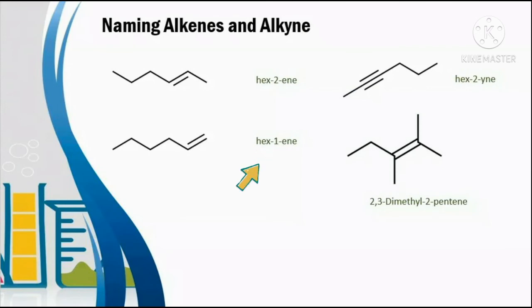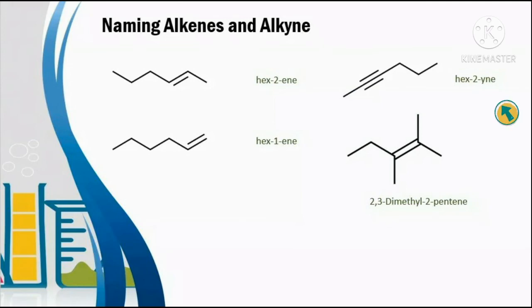Hex-1-ene. The explanation for this name is that 6 is the longest chain of carbon atoms. The lowest possible number will be used to identify the double bond when naming alkenes, and in this case it is located at the first carbon atom on the left. The number 1 will be used to label it.